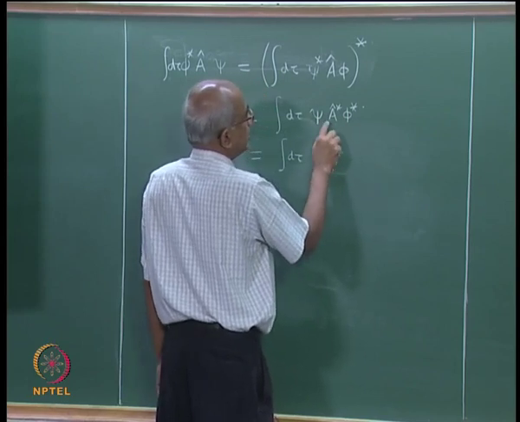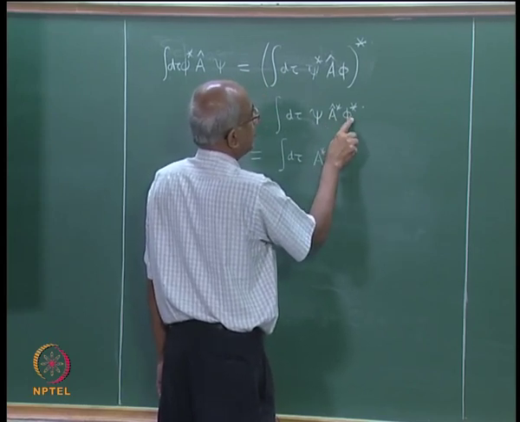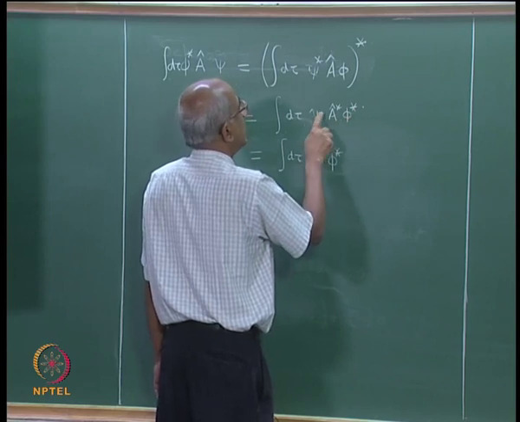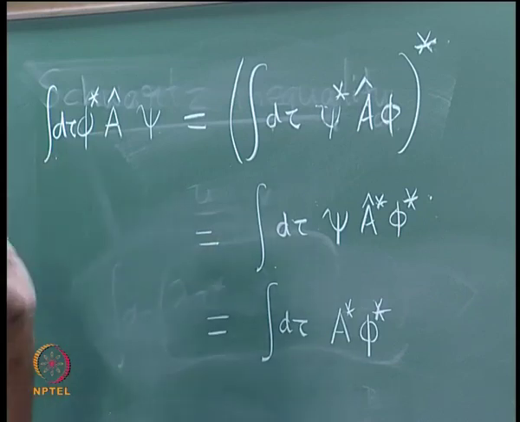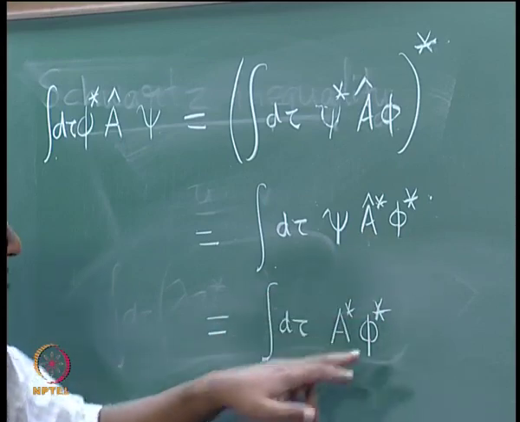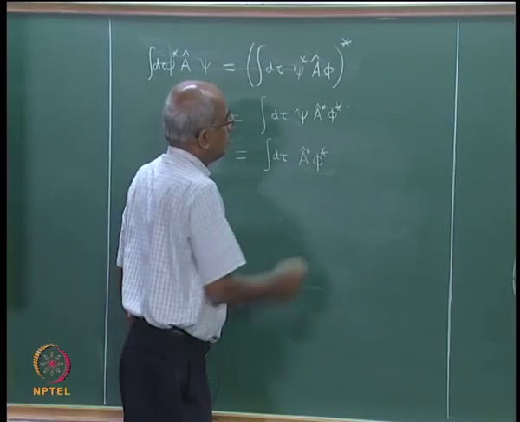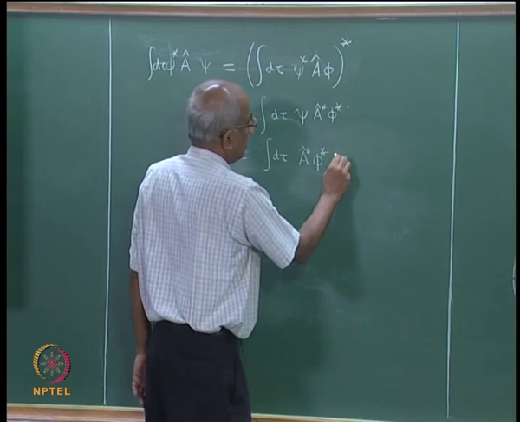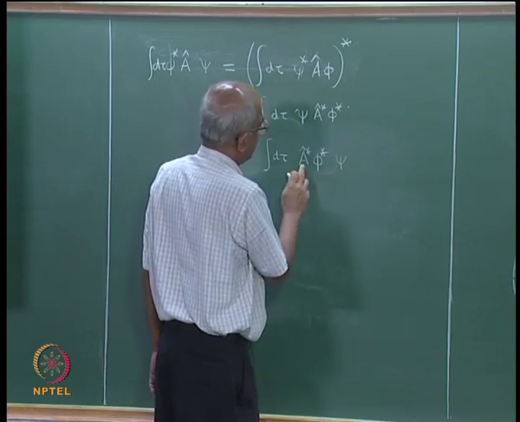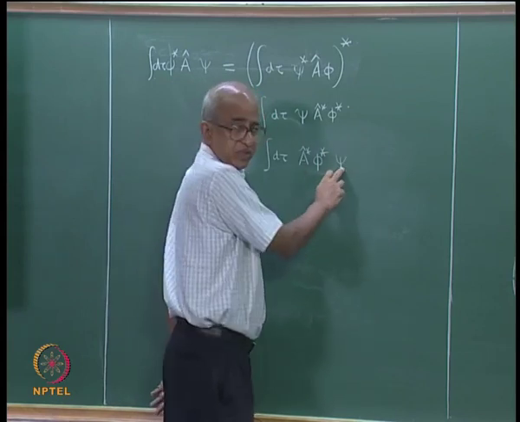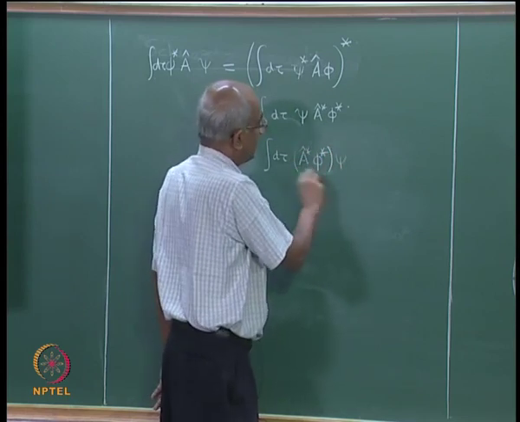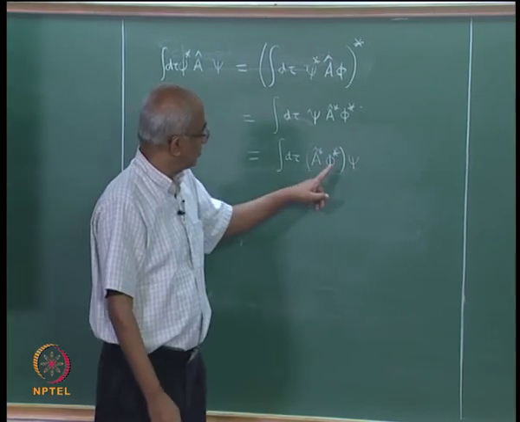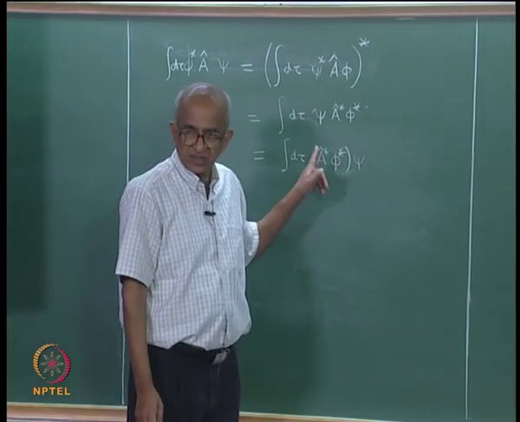So, what this says is take A star, allow it to operate upon phi star and then multiply the result by psi and integrate over the entire space. Now I will put this A star phi star first and then put psi, but this can be confusing because A should not operate upon psi. So, I will put a bracket here to indicate that this is operating only upon phi, not on psi.